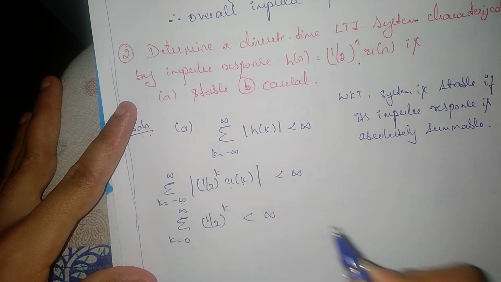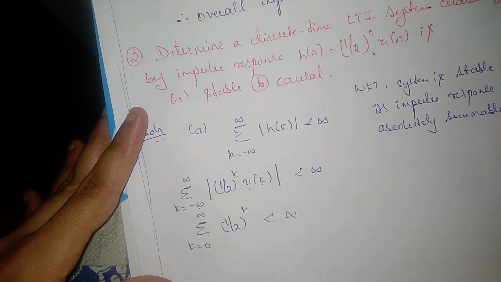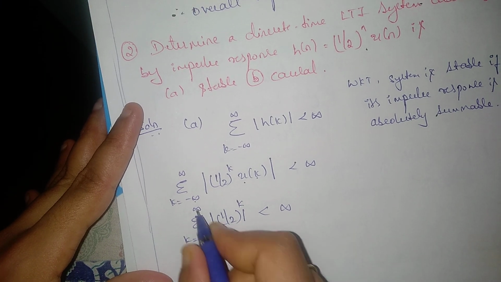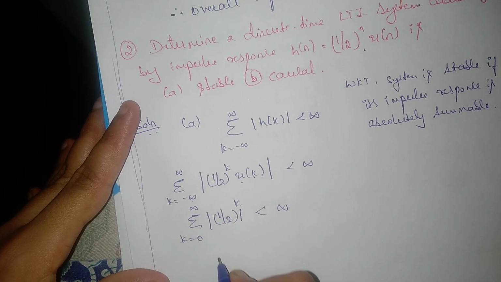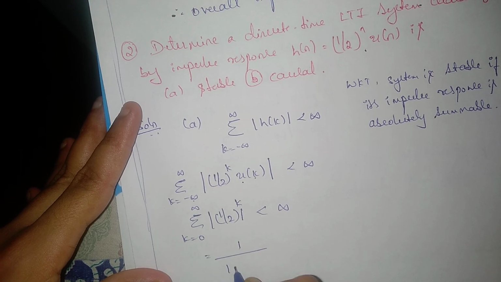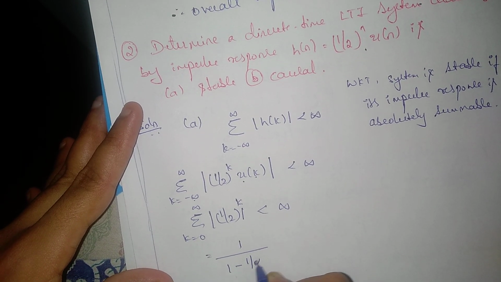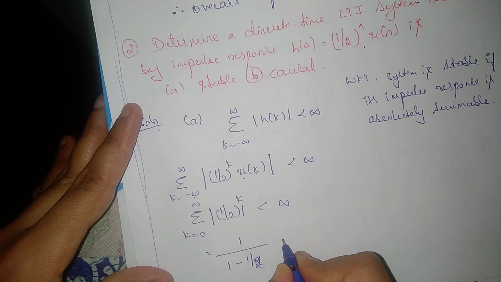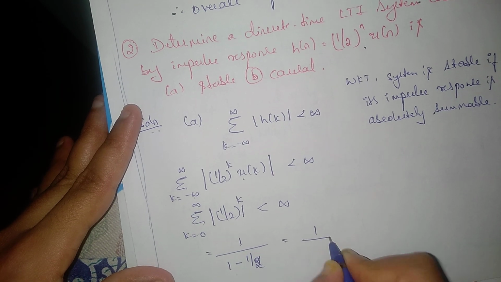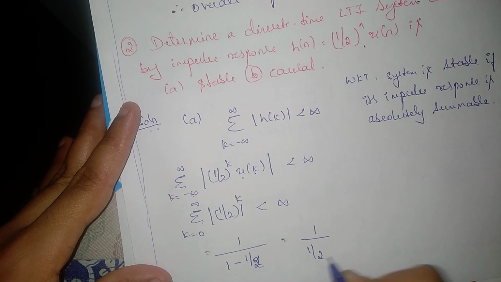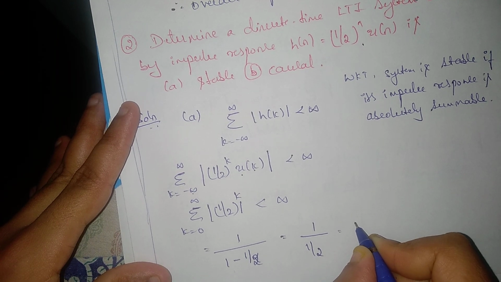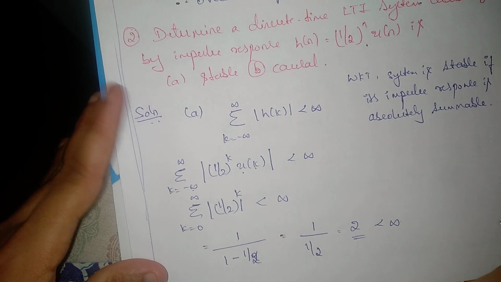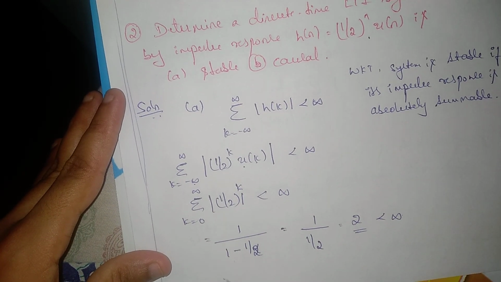If we simplify, this is the sum over k equal to 0 to infinity of alpha to the power of k, which is 1 divided by 1 minus alpha. In alpha's place we have 1/2. So 1 divided by 1 minus 1/2 is 1 divided by 1/2, which is 2. So 2 is less than infinity. So we can say that the system is stable.